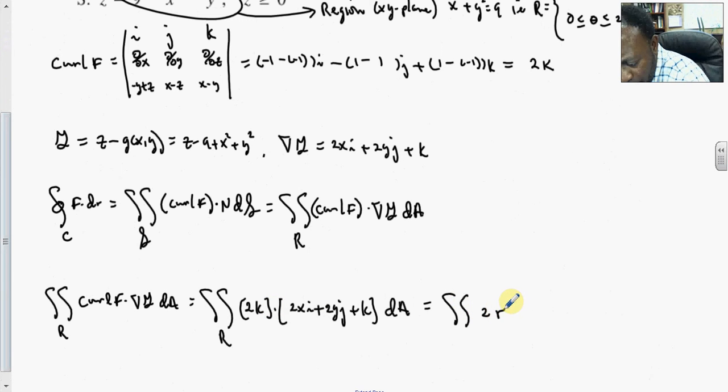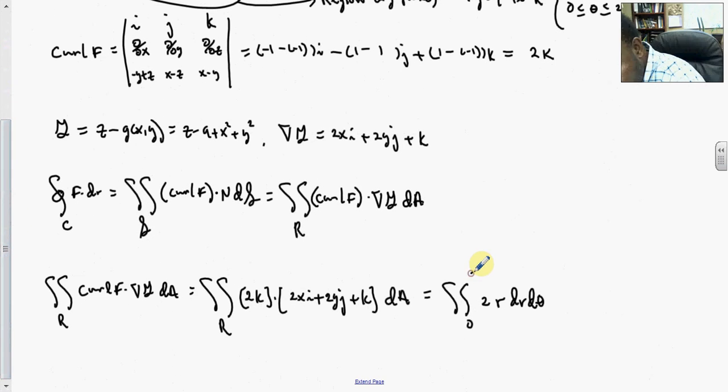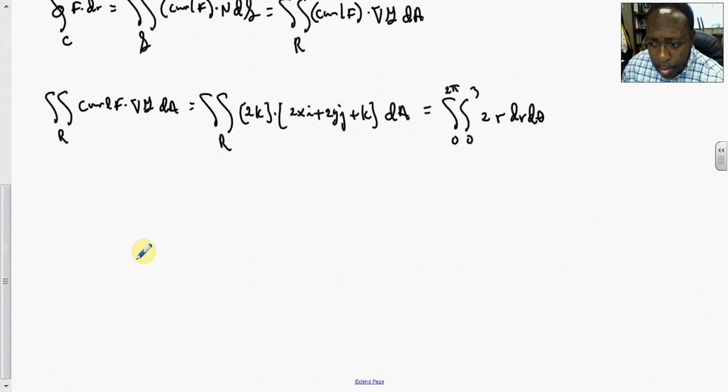So we're going to go ahead and convert to cylindrical coordinates. r goes from 0 to 3. Theta goes from 0 to 2 pi. So integrate with respect to r. So that gives us this integral from 0 to 2 pi.